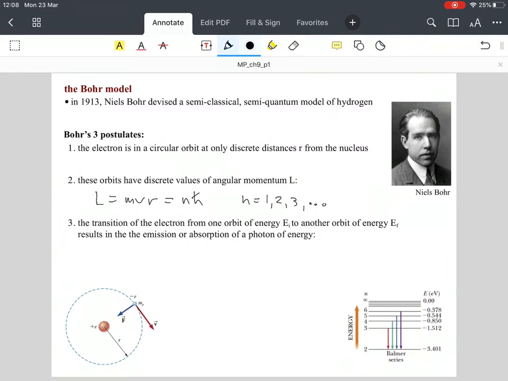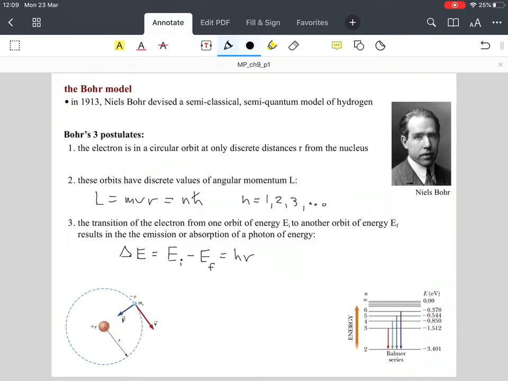The third postulate is that the photons you're going to see are related to a transition in energy levels of the electron in this system in the hydrogen atom. So we have a change in energy related to the initial total energy of the system, Ei, minus Ef, the final, and that's related to h nu, which is the energy of the photon that is given off.